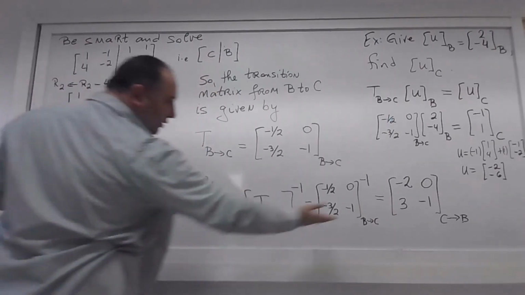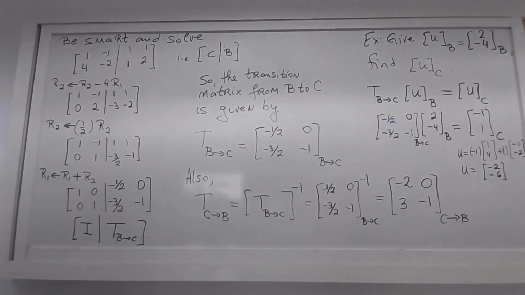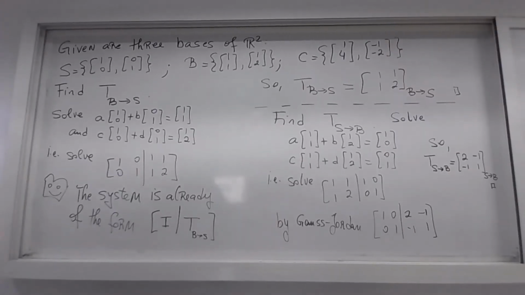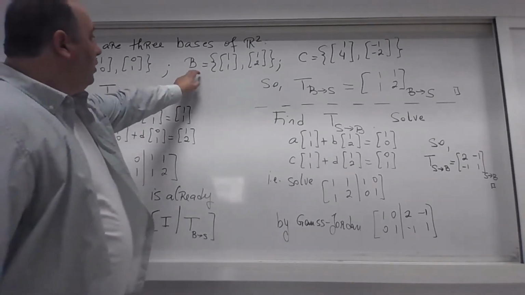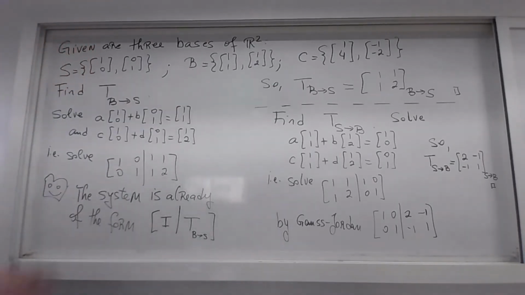But we already have it, so we don't need to do the job. We can have the other transition matrices also. So we built already the matrix from B to C, and since it was 2 by 2, it was easy to compute the inverse, or if you wish, again, solve the system by Gauss-Jordan and get the transition matrix from C to B.